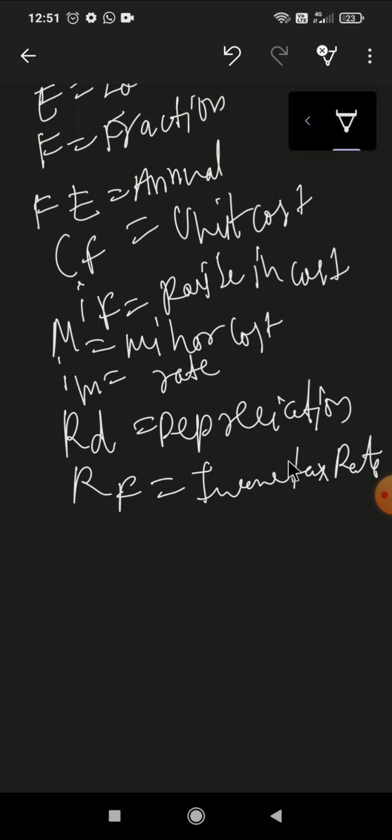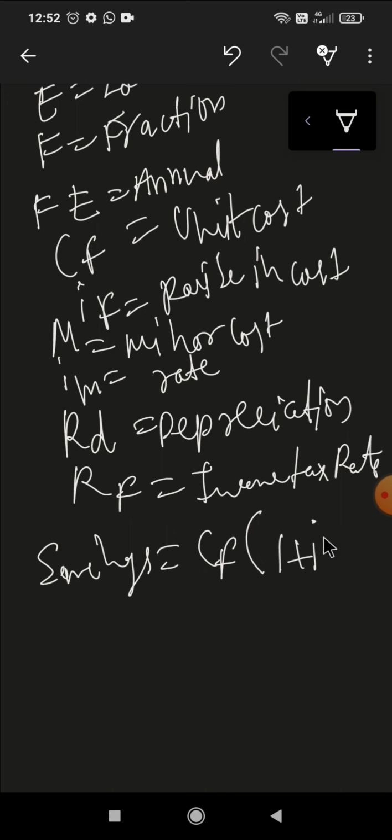So in any year J, the savings of fuel or electricity will be CF, that is the unit cost saved, into 1 plus IF raised to J minus 1.